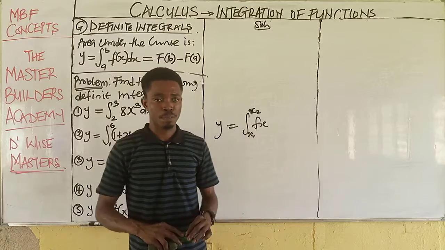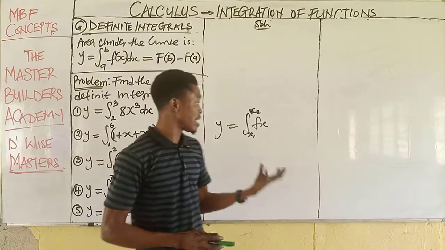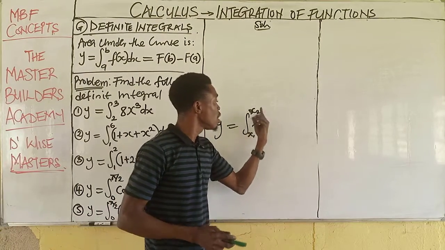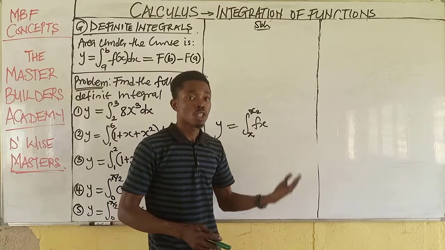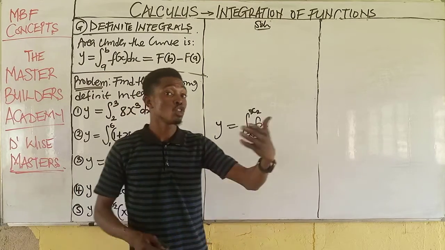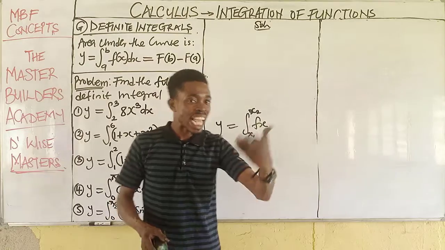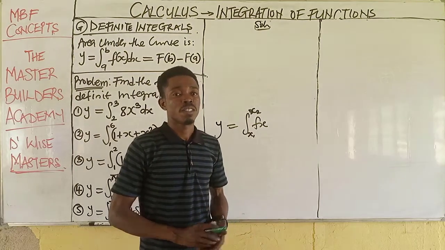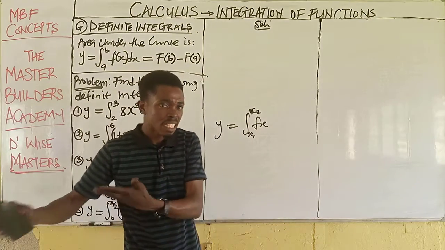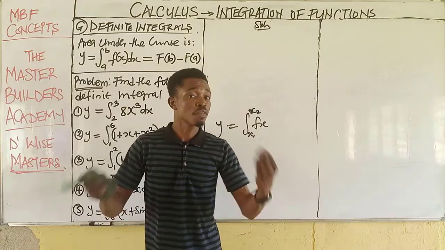In this aspect, the question can either come as an integral with definite values to integrate any function and then substitute, or you are asked to find the area under the curve of the given functions.